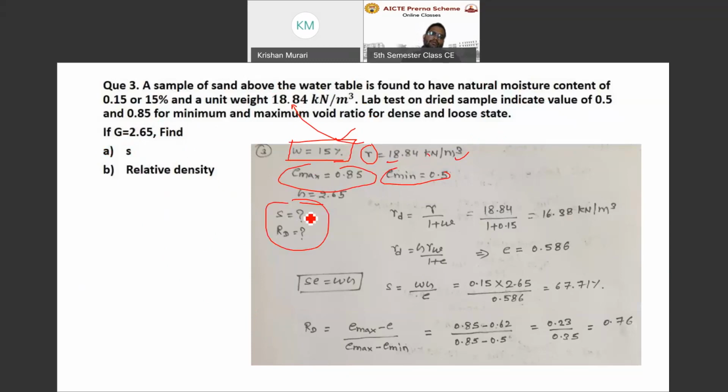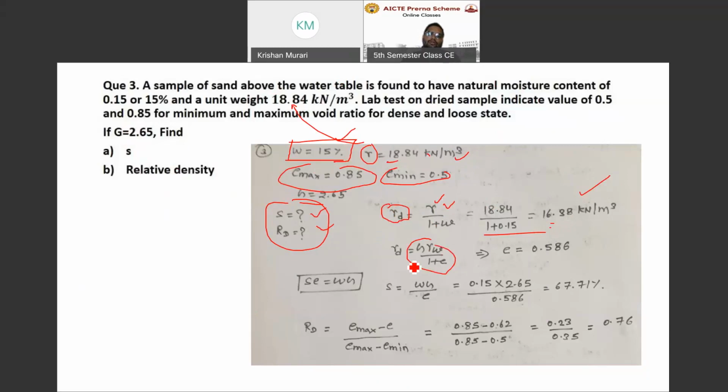And what is to be found? S and relative density. So firstly we use the formula of dry unit weight. You can calculate the dry unit weight, gamma upon 1 plus W. Here gamma is the bulk unit weight. So you can put these values in that formula, 18.84 upon 1 plus 0.15. Then the value is 16.38 kilonewton per meter cube.